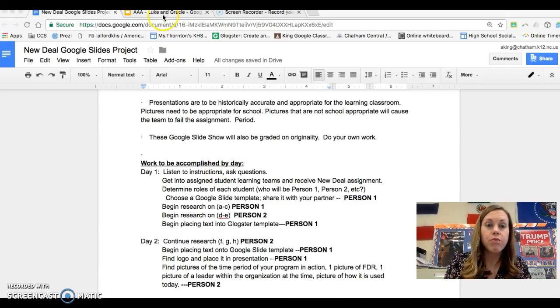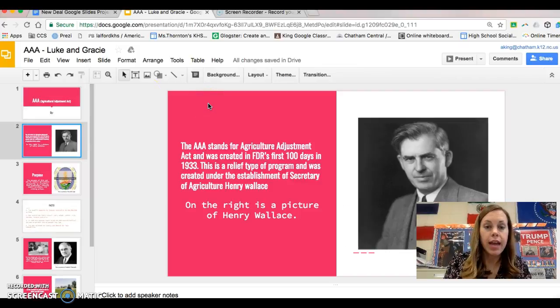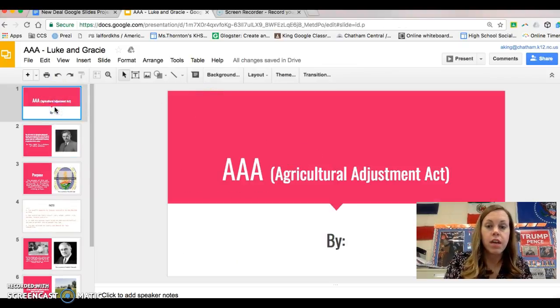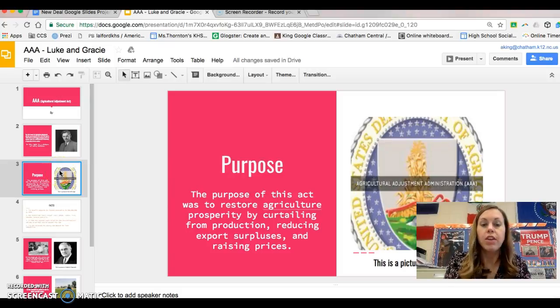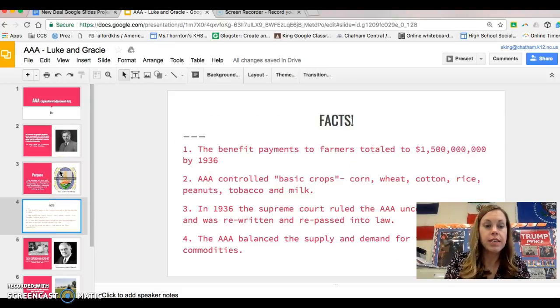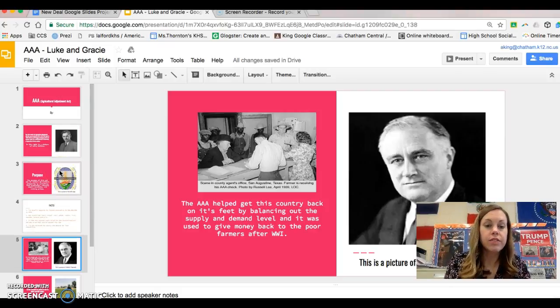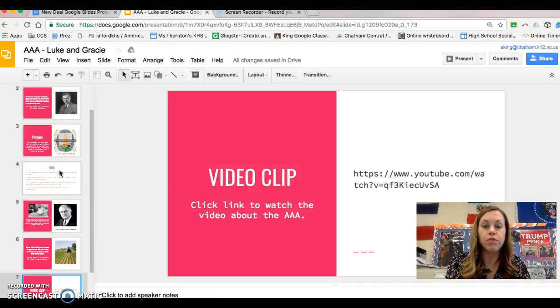I have one to show you, and this one is AAA. If you see here, it describes what it was about and who was in charge of it. There's a purpose there behind it. Some facts there, pictures of FDR, how we still use it today.